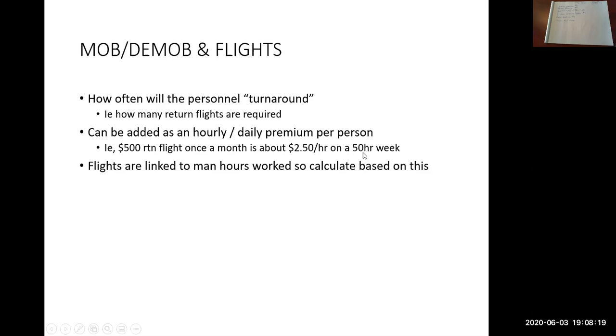If you're going to use this method, you just need to know how many hours per week or per month, and then the number of flights per month that you're going to have that person come back, whether it's one flight, two flights, etc., and then the cost of the flight.